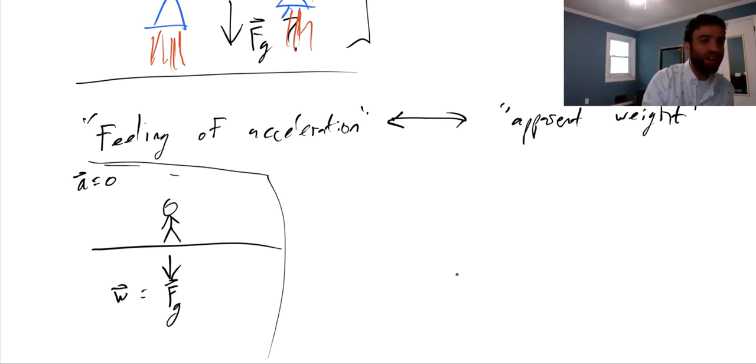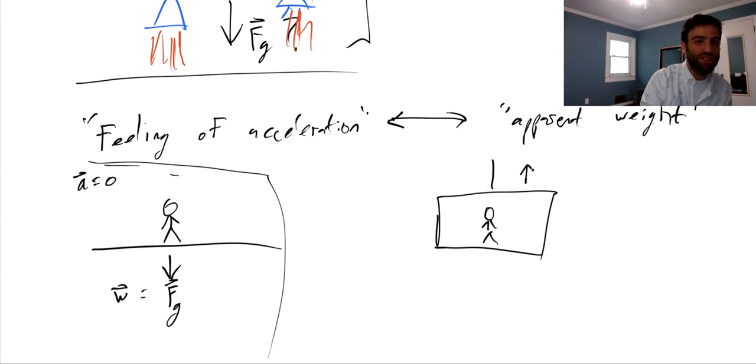Okay. On the other hand, suppose rather than standing on flat ground, we're in an elevator that's going upwards, right? So when the acceleration is pointing up, we feel a little bit heavier. So there's a sense in which the feeling of acceleration is pointing in the opposite direction to the actual acceleration. Here, weight is equal to the force of gravity, and let me call this weight sub apparent.